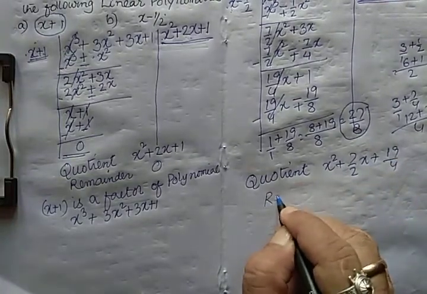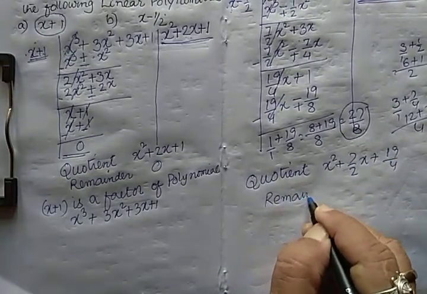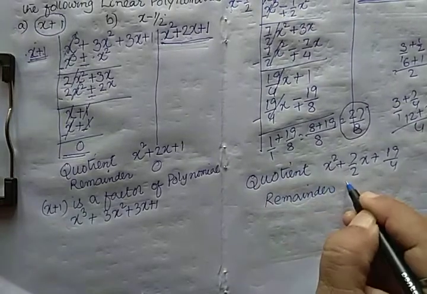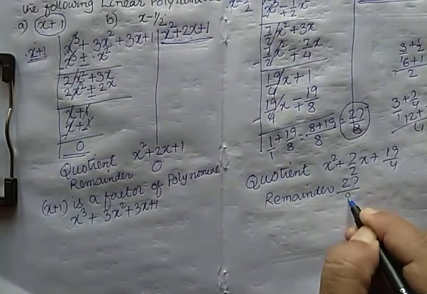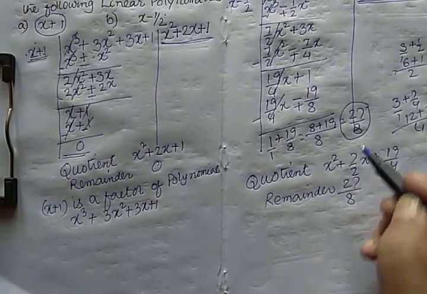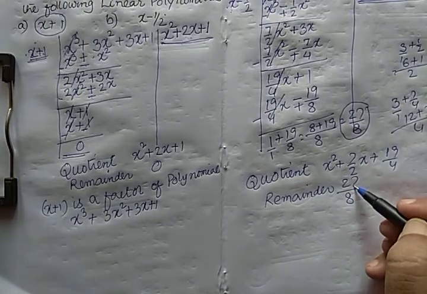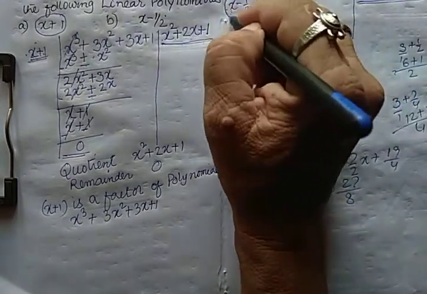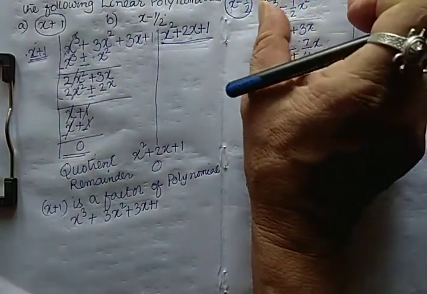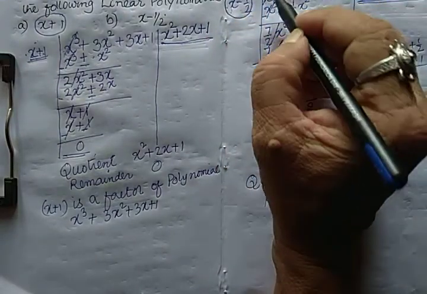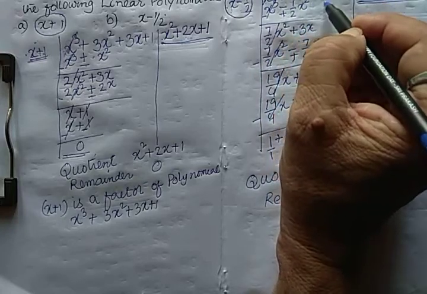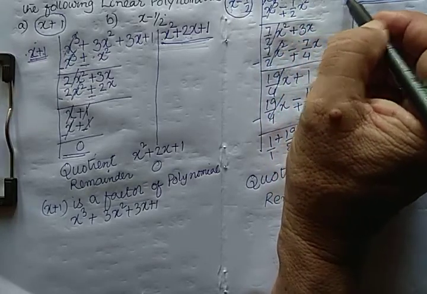And what remainder you get? You get remainder 27 by 8. So because you are getting remainder, this is not a factor of this polynomial x cube plus 3x square plus 3x plus 1.